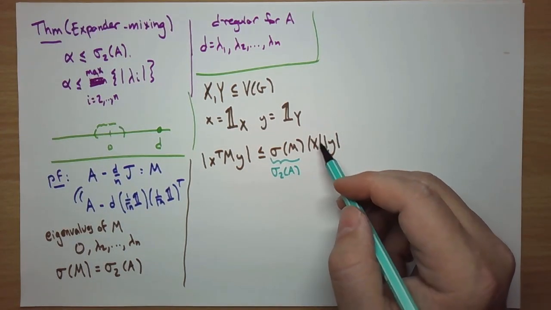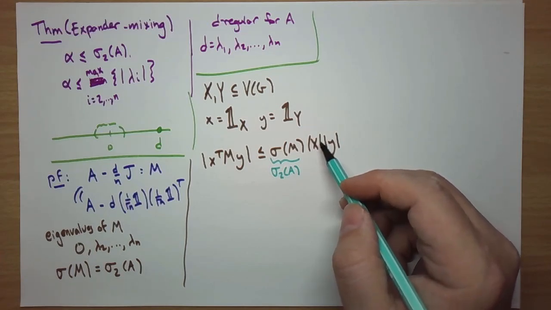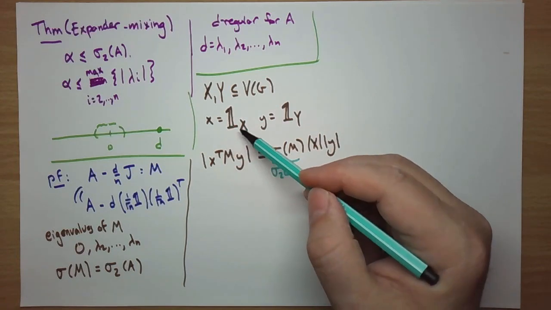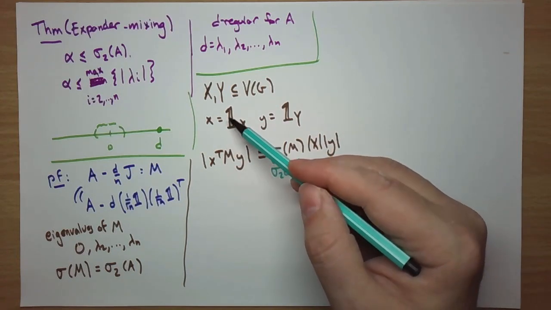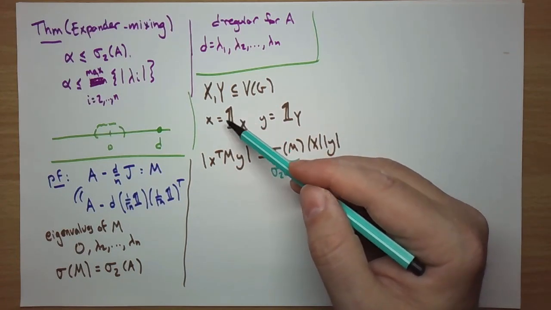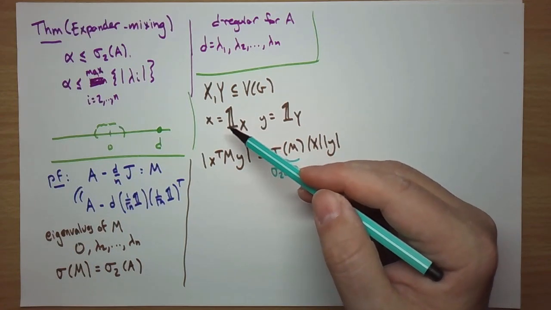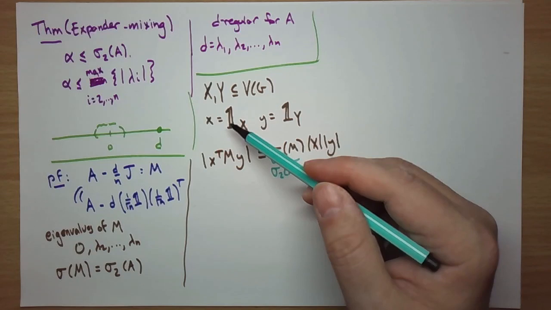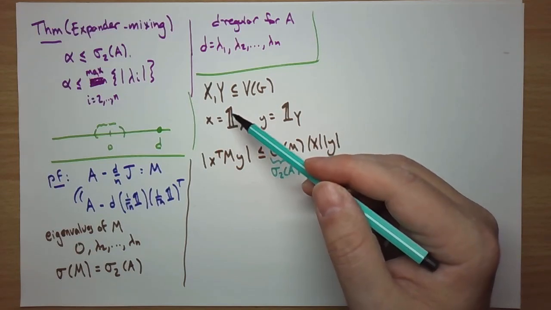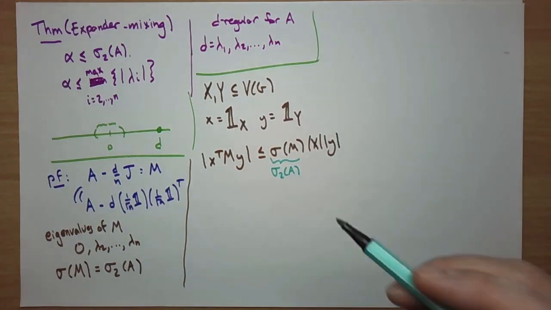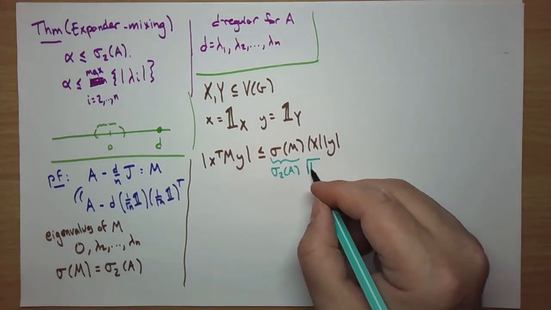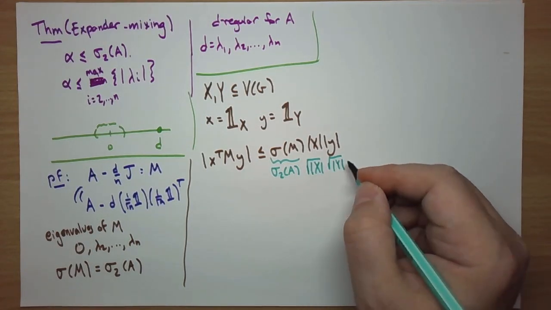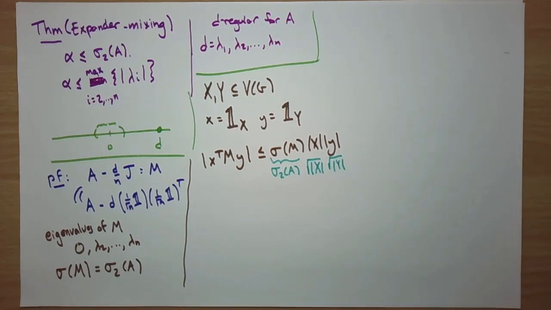When you think about the norm of this x vector, it's 0 if you're not in x, 1 if you are in x. And so when you take the 2 norm, it turns out it's just how many things are in x. Then you take the square root, so you get the square root of the size of the set x and the square root of the size of the set y. And you're like, whoa, this is looking really familiar.